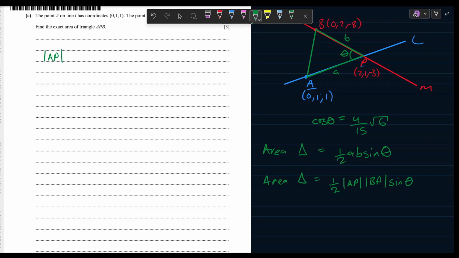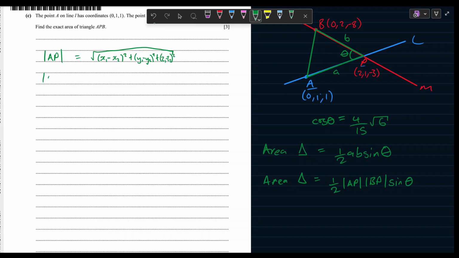And we can find that essentially just using the formula x1 minus x2 squared plus y1 minus y2 squared, except now we've got a third coordinate, so you also have to include z1 minus z2 squared.